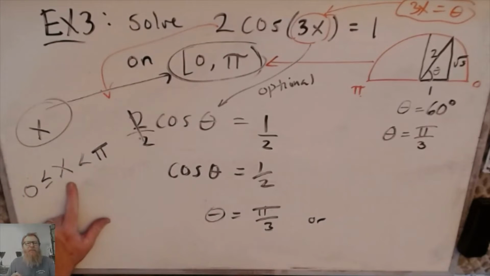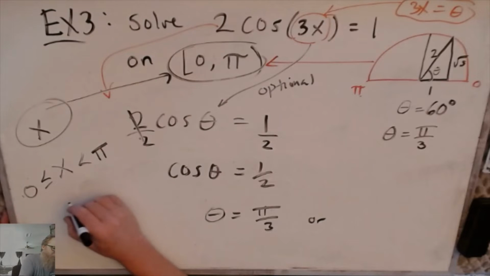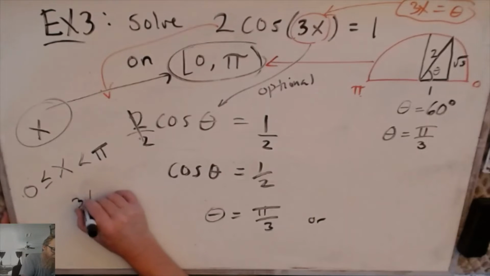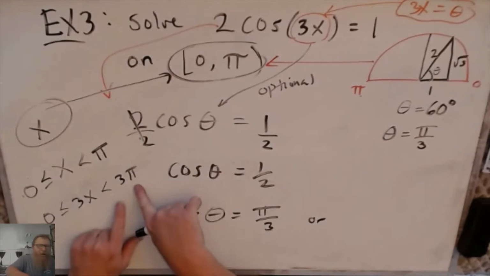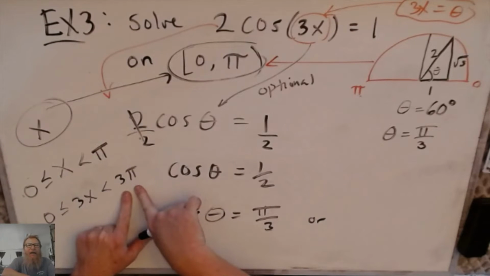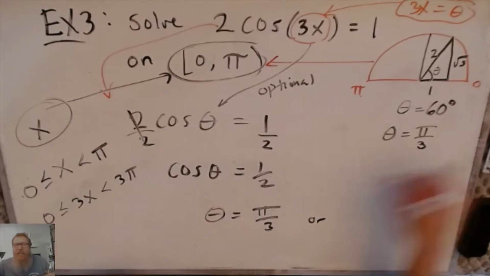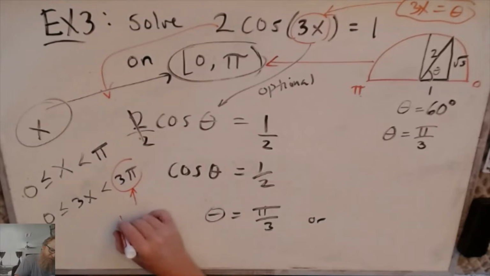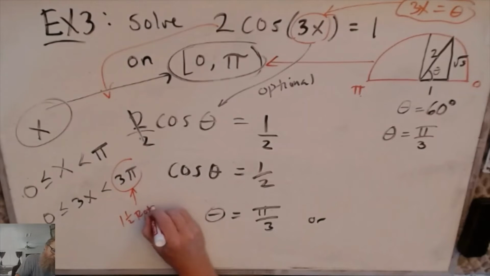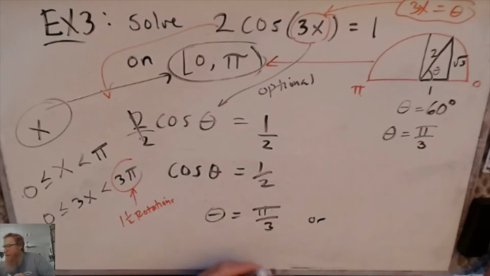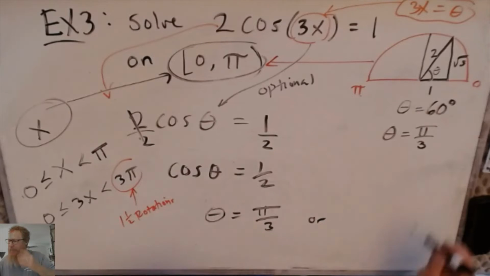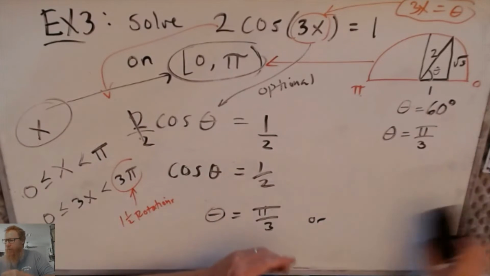If x is between 0 and pi, then 3x could go all the way to 3 pi. 3 pi is 1.5 rotations. So I've got a couple more possibilities here for theta. I need to continue going around a couple more times.